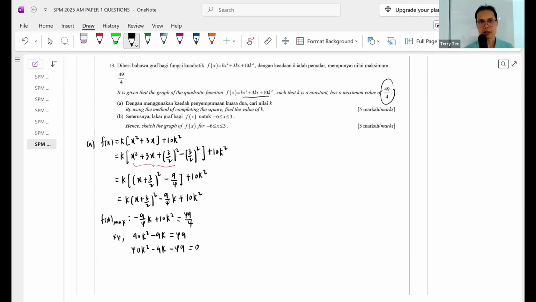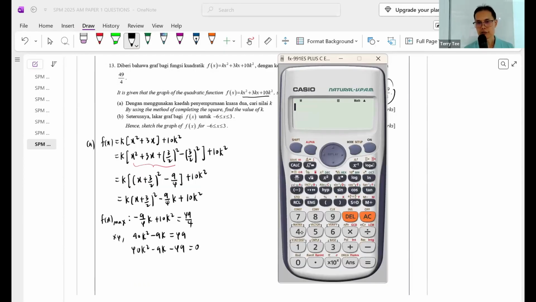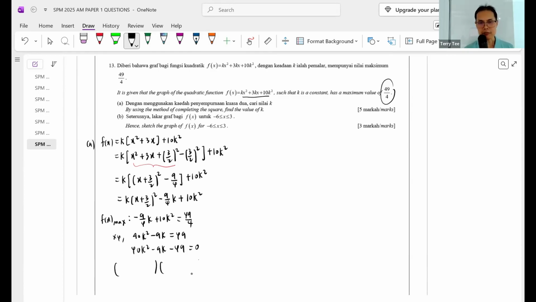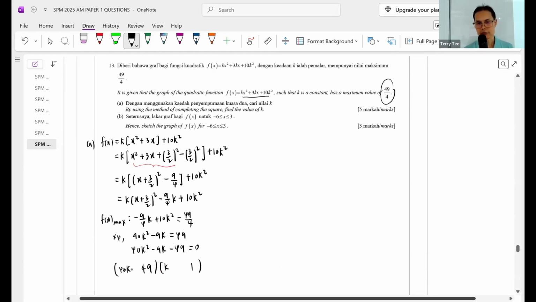Which combination to factorize? 40 times 49, very big number, 1960. So to get 40k squared, I put a 40 here and a 1. 49 is negative, 40 is positive. So can your k be 49/40?